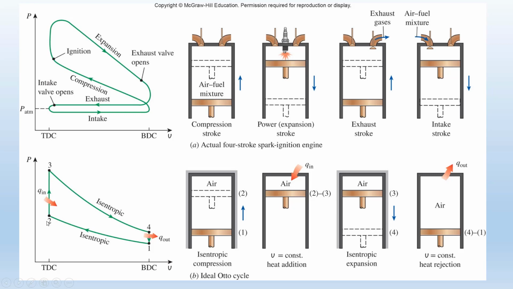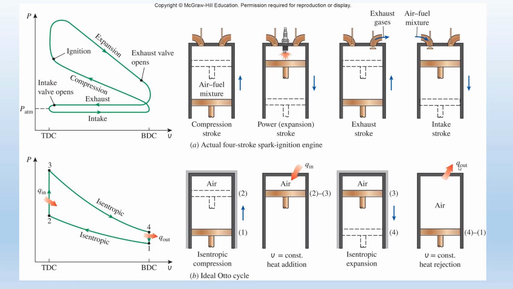So this is step 2 to 3. And then from step 3 to 4, there is isentropic expansion. And then the last one, at constant volume, Q is rejected from the system. So these are the 4 steps of the ideal Otto cycle.